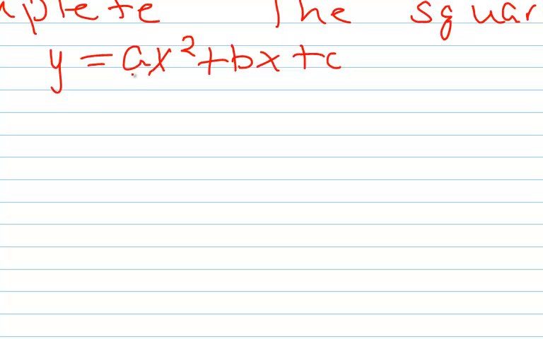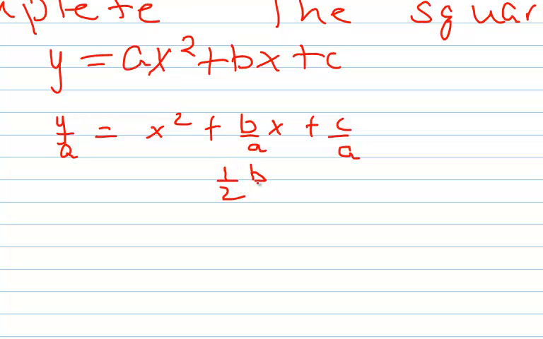So I need to get rid of that a, so I'll divide both sides by a. That gives us y over a equals x squared plus b over a x plus c over a. Then we take 1/2 of the coefficient of x, 1/2 of b over a, and we square it. Then we add it to both sides, remember?